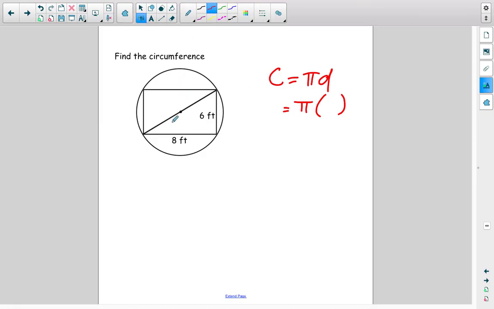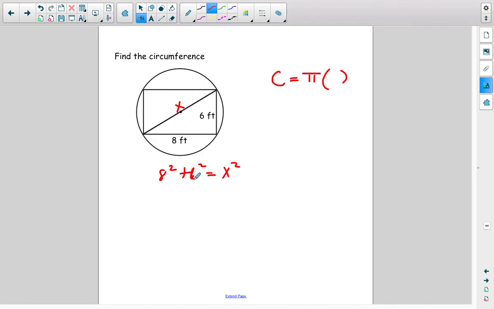Okay, so if we can figure out the diagonal of the rectangle, which maybe you notice this rectangle right here cut in half makes this triangle, which I outlined very poorly there, but you can figure out the hypotenuse by using Pythagorean theorem just like we did before. So we're going to end up figuring out diameter by doing Pythagorean theorem again. 8 squared plus 6 squared equals x squared.